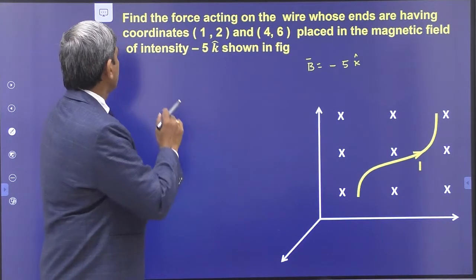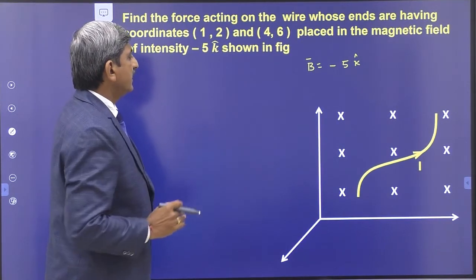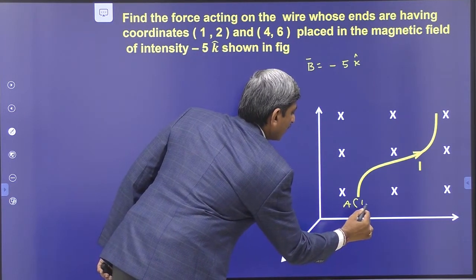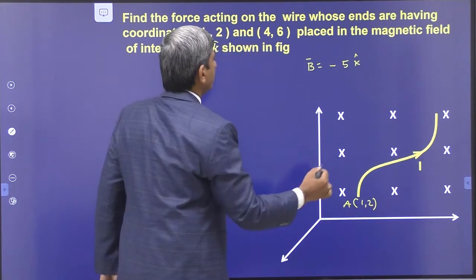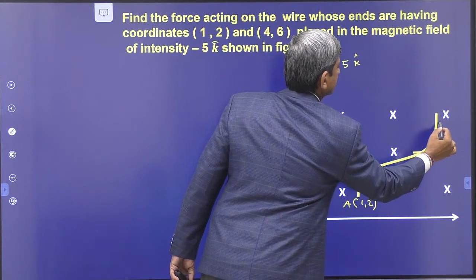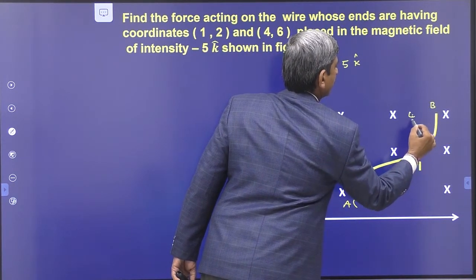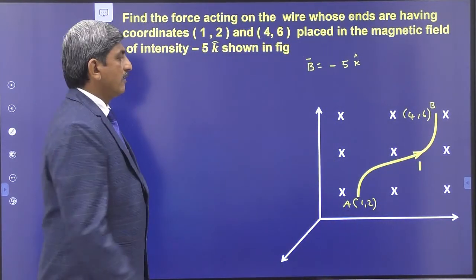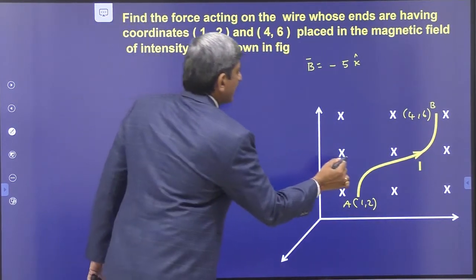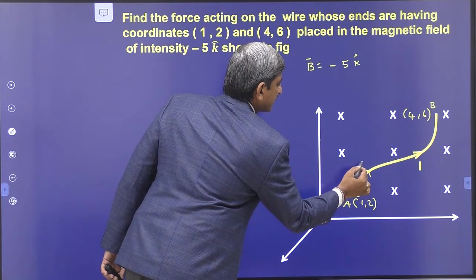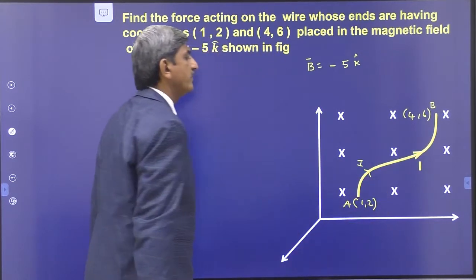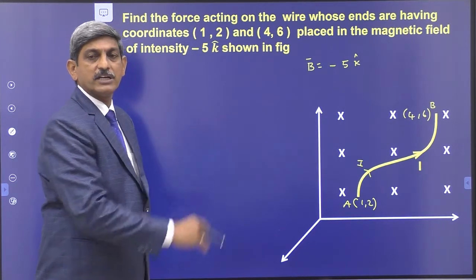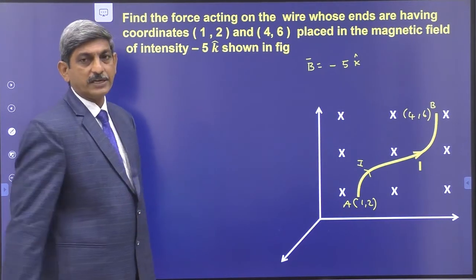Now, the coordinates of the ends of the wire are given as A (1, 2) and B (4, 6). Now, suppose I is the current passing through the wire, then we want to determine the magnetic force acting on the wire due to the passage of the current.